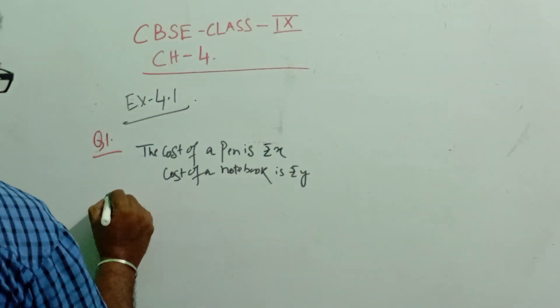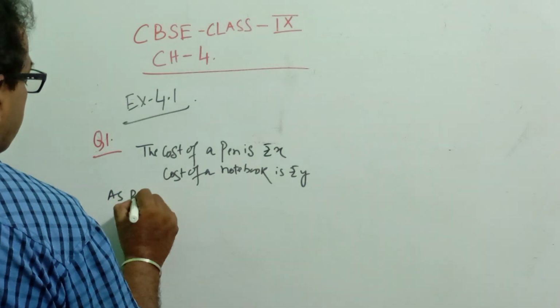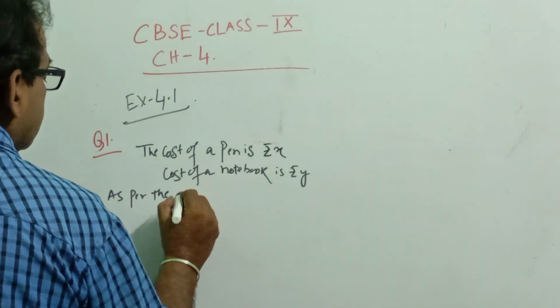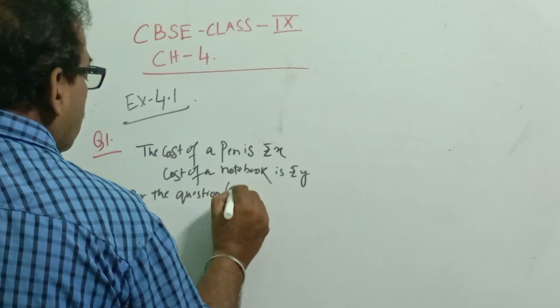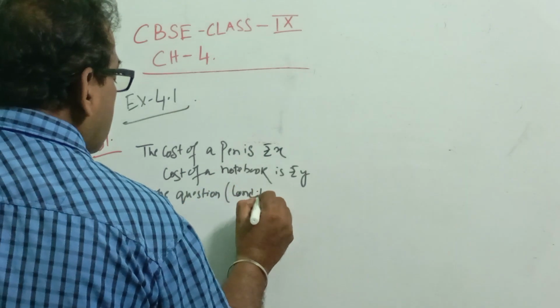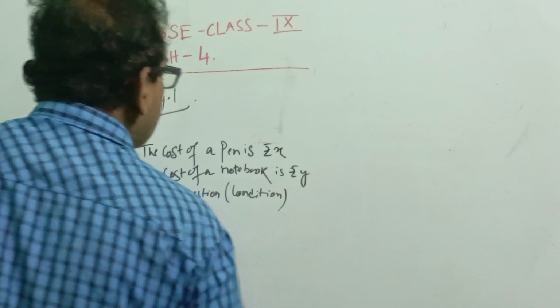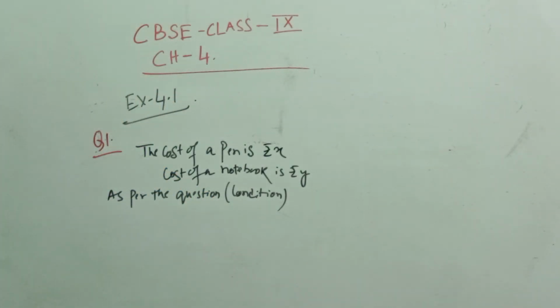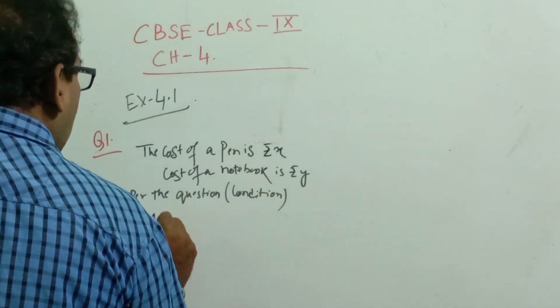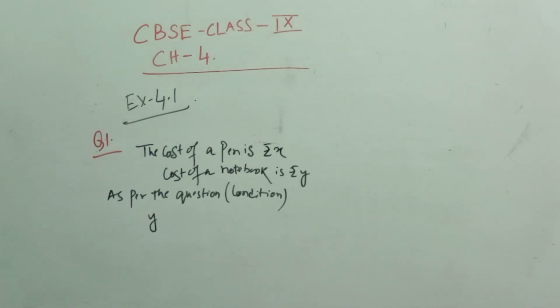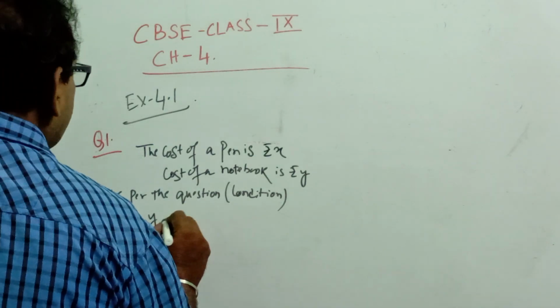Now the condition as per the question: the cost of the notebook, that is y, is twice the cost of the pen.